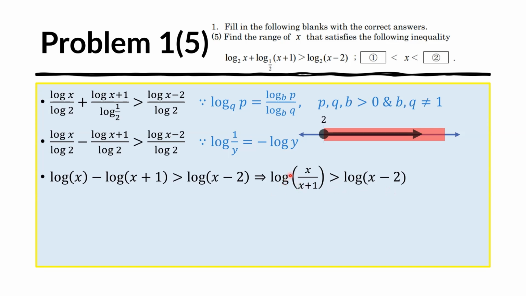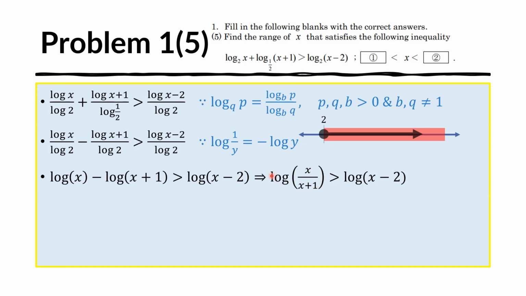And now we just want to remove log. Now we can actually just remove log because we know that log is an increasing function. By increasing, we mean that if we increase the value inside the log, then the log of that value would also increase. You increase what's inside here, you increase the log of what's inside.